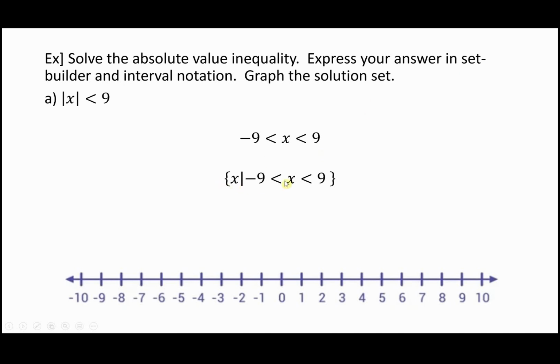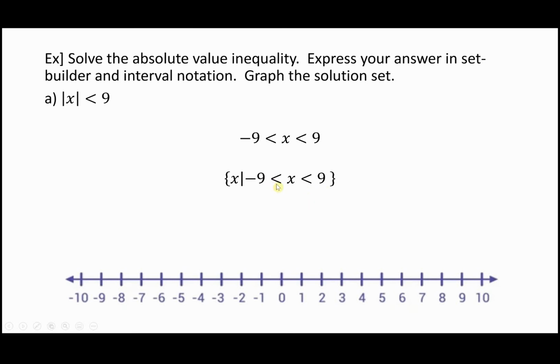And again, this set of symbols reads as the set of all x such that x is between -9 and 9 exclusively is one way that you could read this.